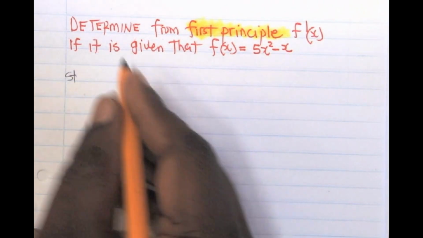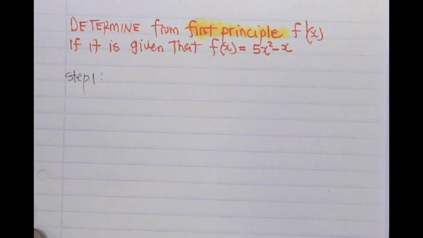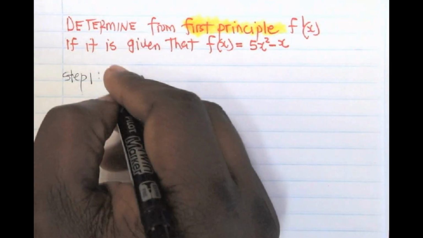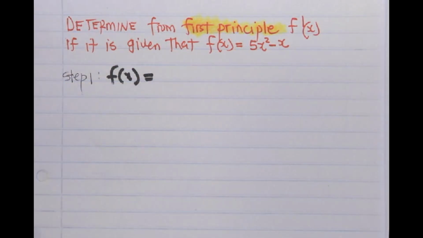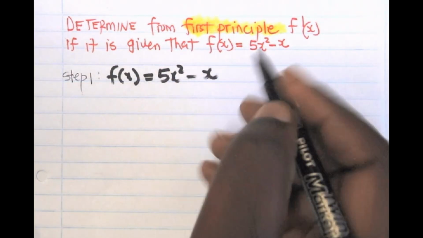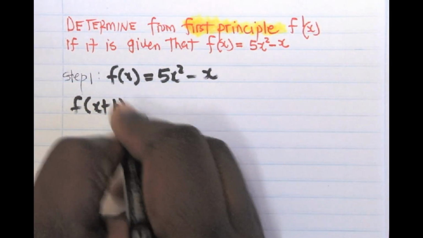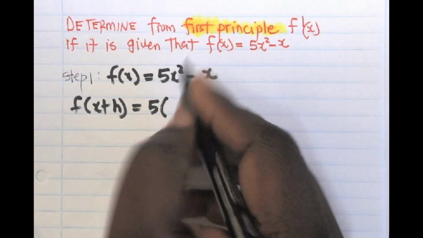Step 1. F of x is equal to 5x squared minus x. Then I also have this component on the formula sheet, and remember this is substitution.